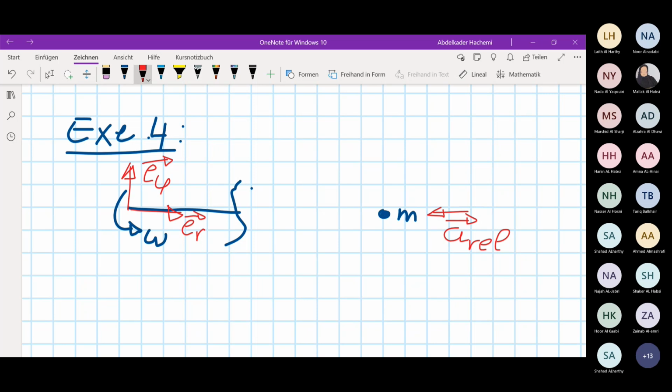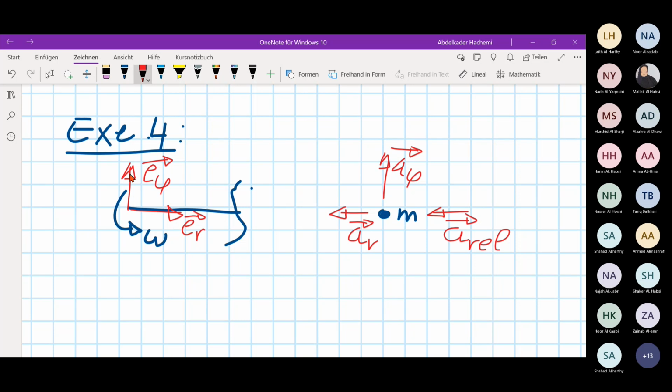We also have the radial acceleration and the circumferential acceleration, A phi. These are the two in AR direction and A phi.